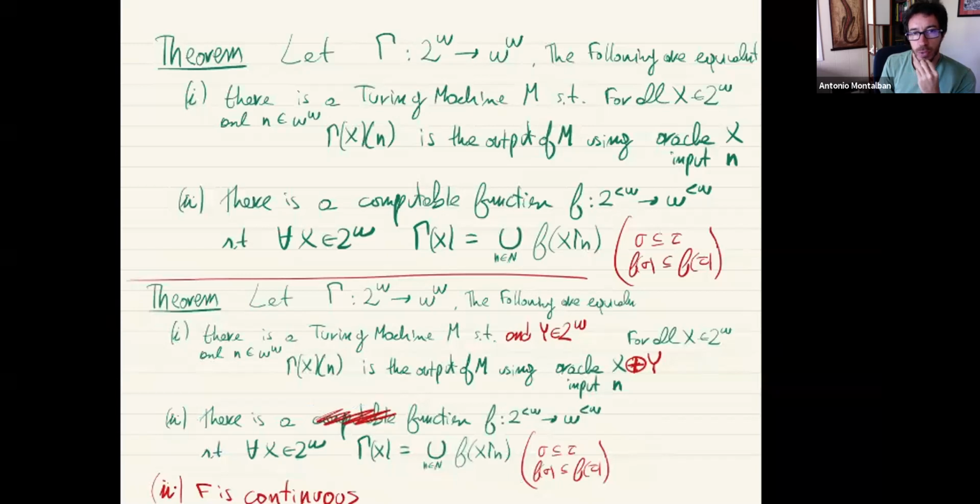So that's the connection between continuous functions and computable functions. In the continuous case, you're allowed to use any oracle you want; in the computable case, this function has to be computable. And if you want to do the proof, essentially this function here is the oracle that you add here.